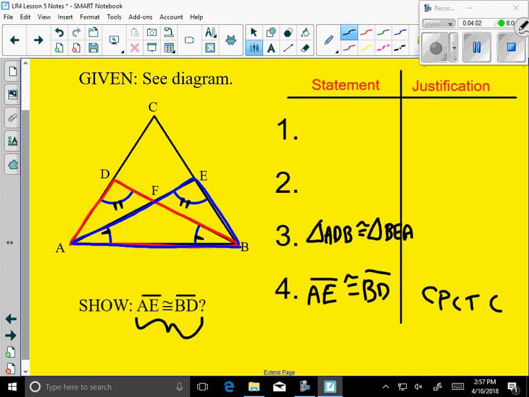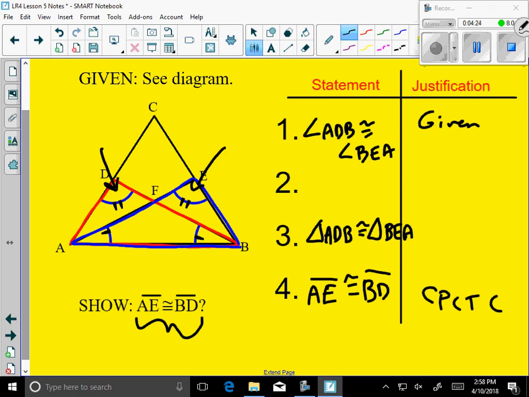So let's go with our givens first. Given is that angle ADB, which is right here, is congruent to angle BEA, which is that angle right there.